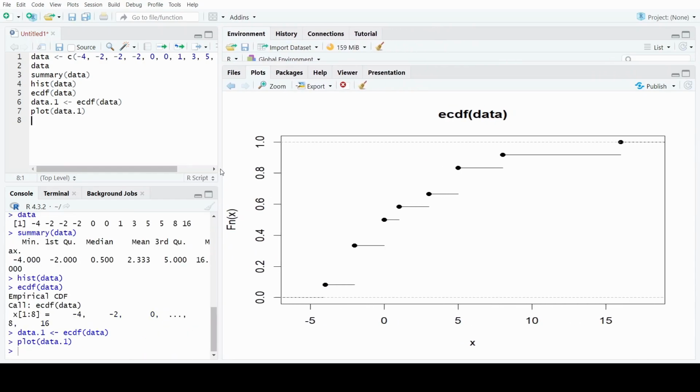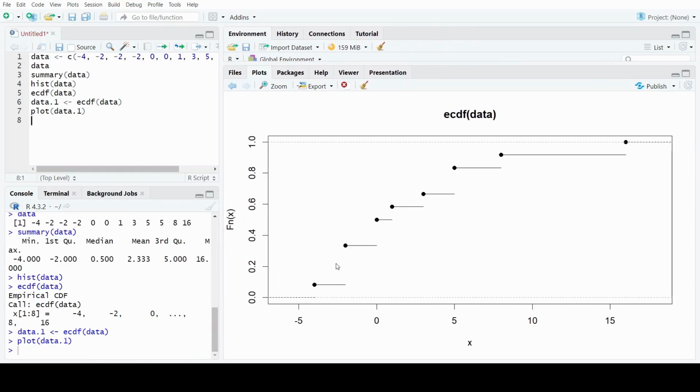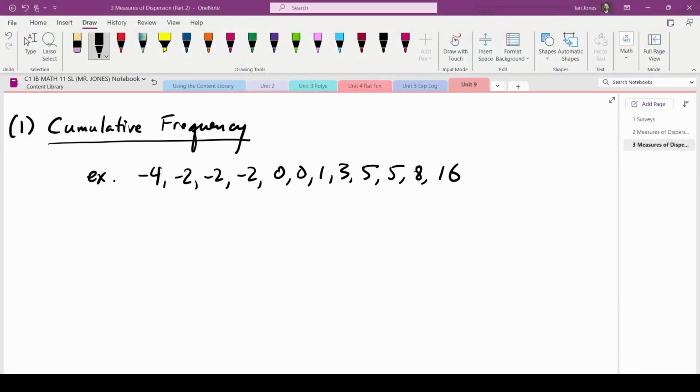This step function goes up as we go to the right. Okay, it's an increasing function. And you can see basically the frequency of having a value less than, what is this, -4 is 0. And if we flip back over quickly to our data, we can say that that makes sense because -4 is the first data point.